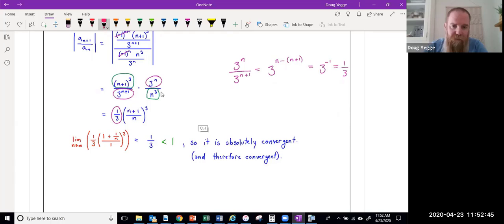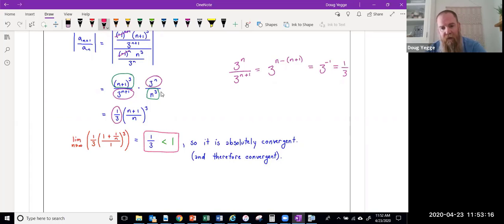All we would have to do at this point is divide this by n, divide this by n, divide this by n, and notice that it ends up becoming this ratio right here. And when you now take the limit as n approaches infinity, notice that this term right here goes to 0. So all we're left with is 1 over 1 cubed, which is 1/3, and we see that 1/3 is less than 1.